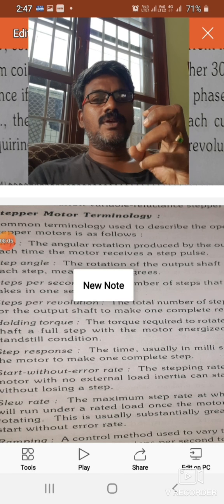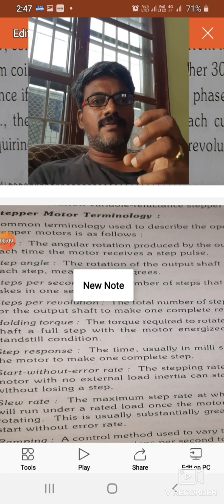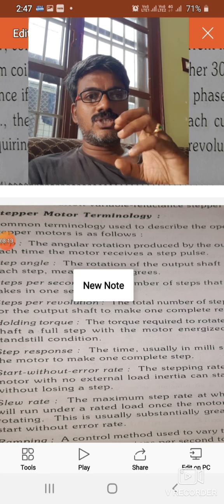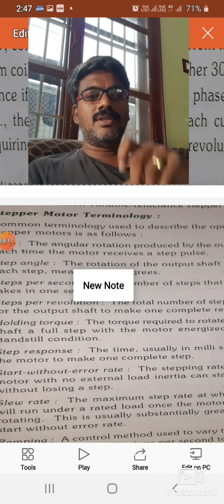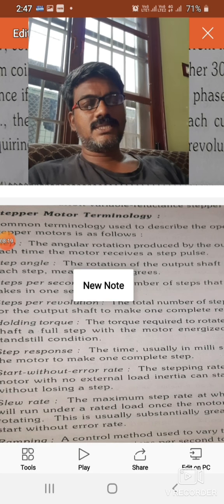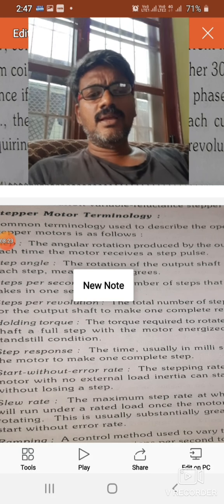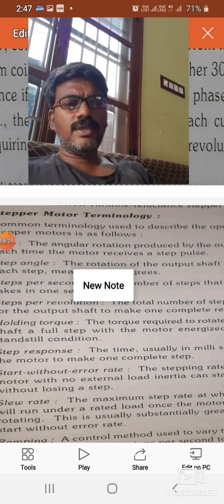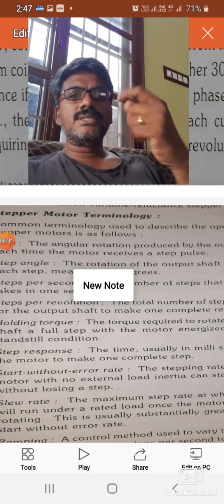For the first pulse, the rotor moves one step; for the second pulse, another step, and so on. Step angle simply means the rotation of the output shaft caused by each step, measured in degrees.